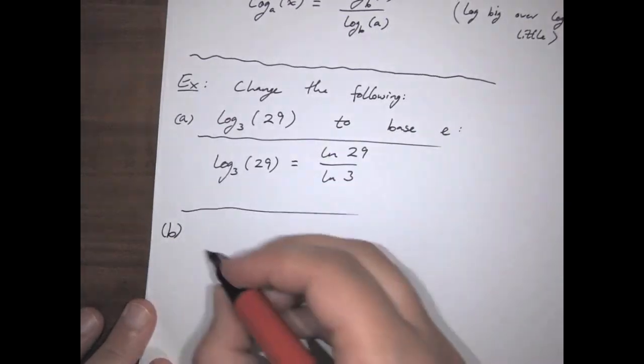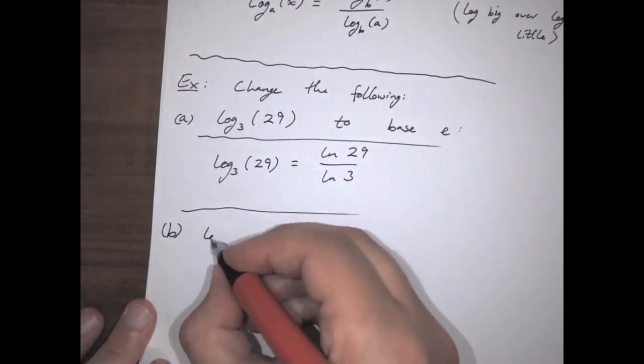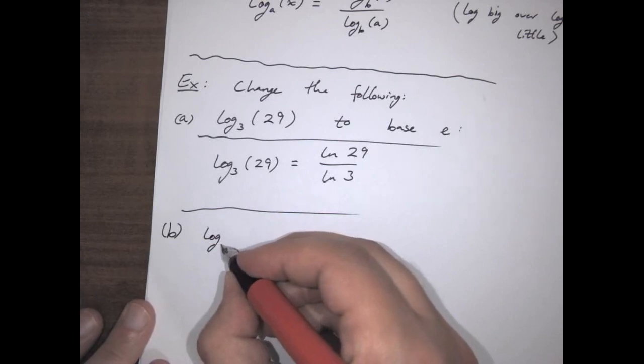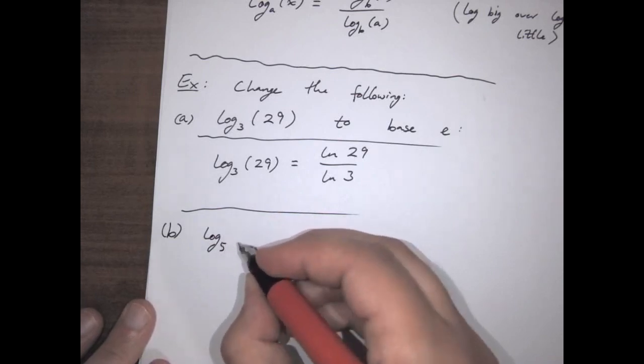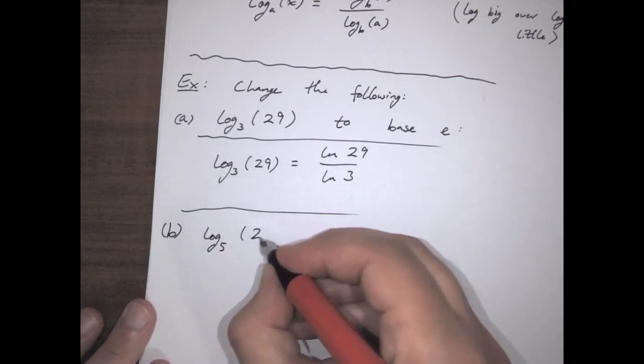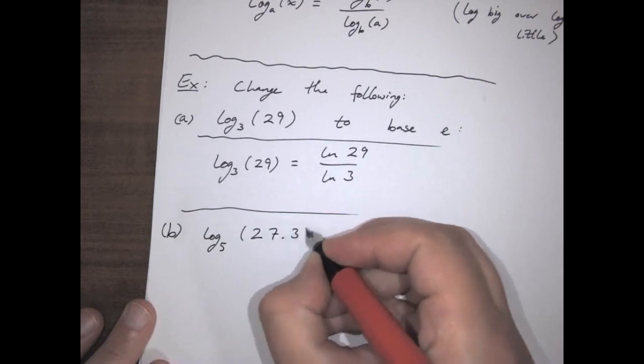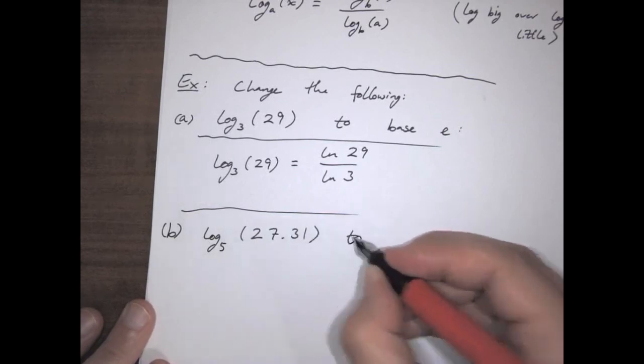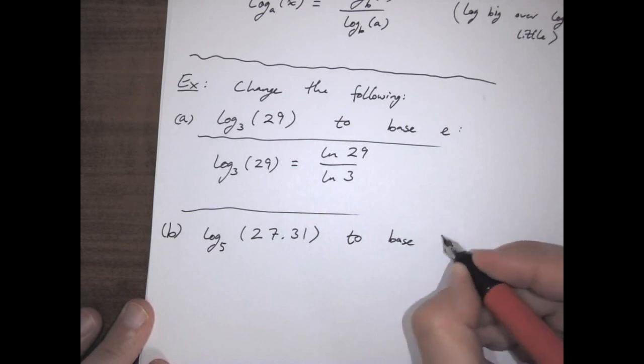But let's just try one more here. Log base 5 of 27.31. Let's say we want to change that to base 10.